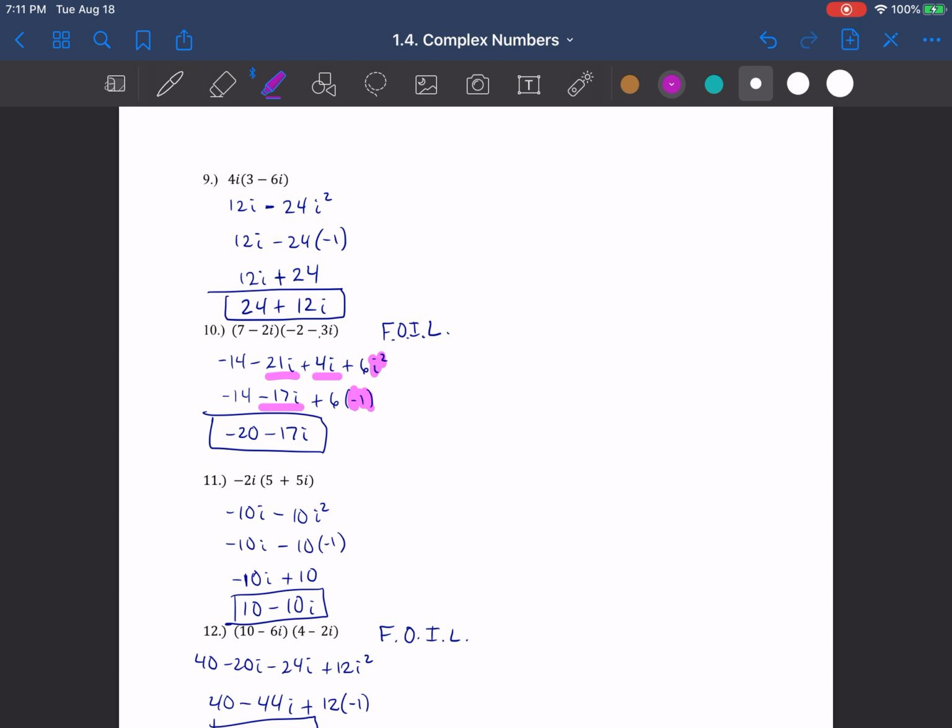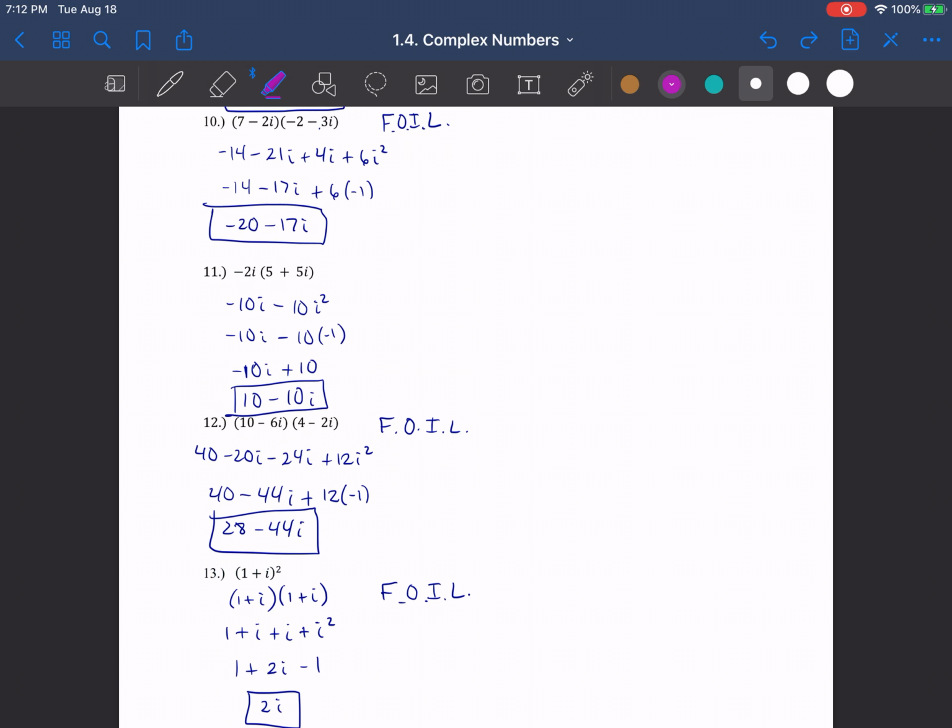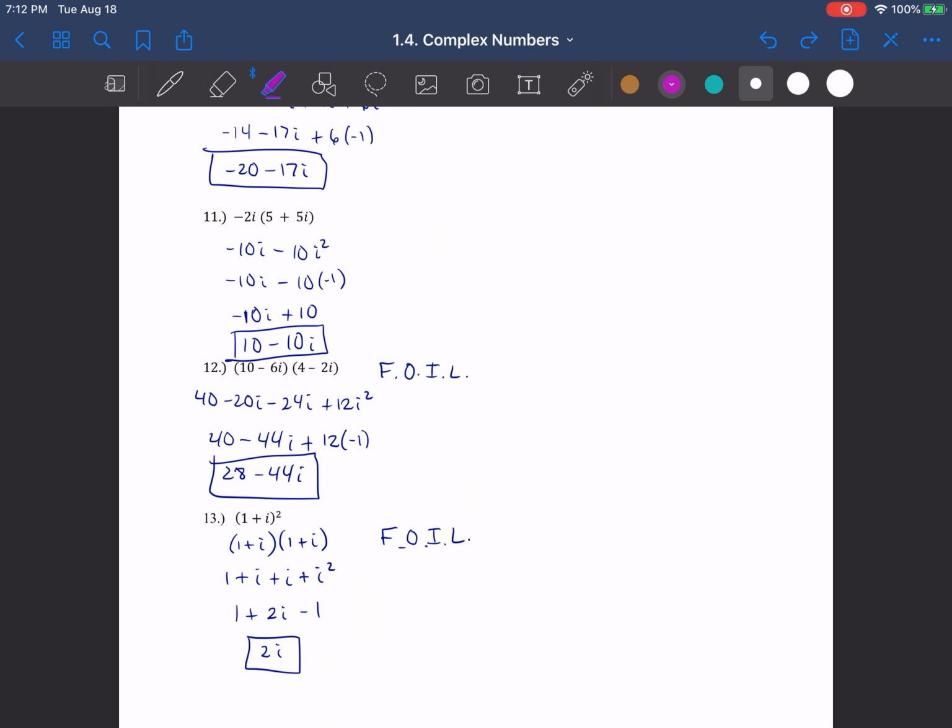That gives us that negative 17i. And then we now have negative 6 right here, because 6 times negative 1 is negative 6, and we have negative 6 plus negative 14. That gives us the negative 20 right there, and we can bring the 17i down. So that's what we end up with right there. Negative 20 minus 17i.